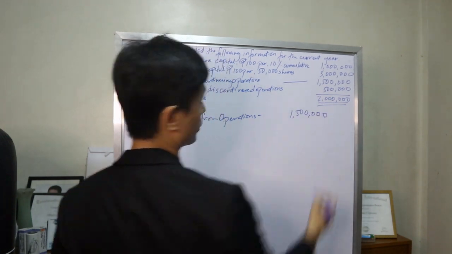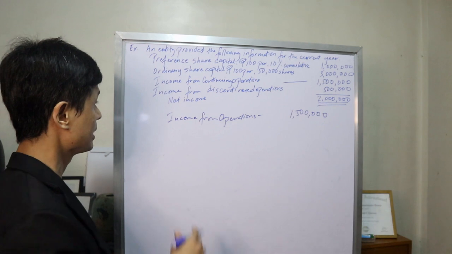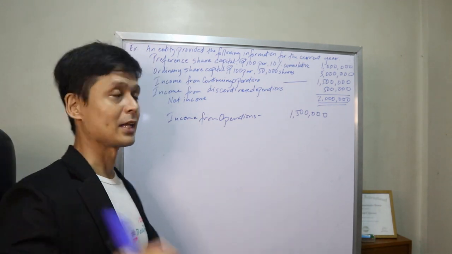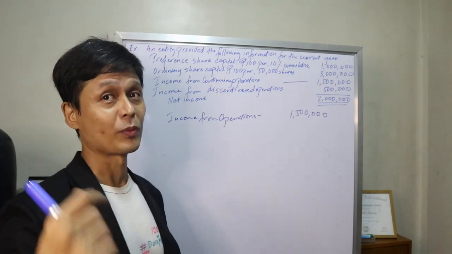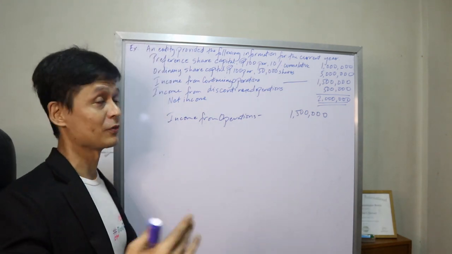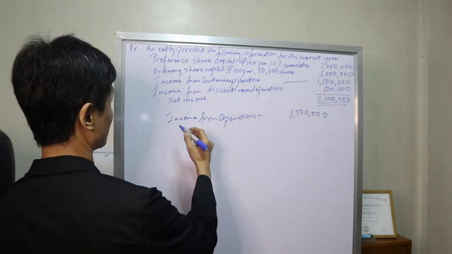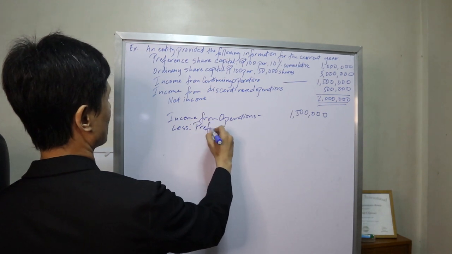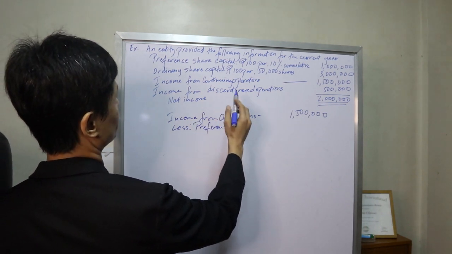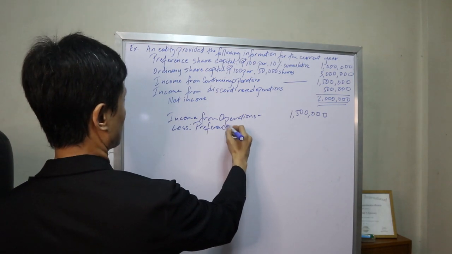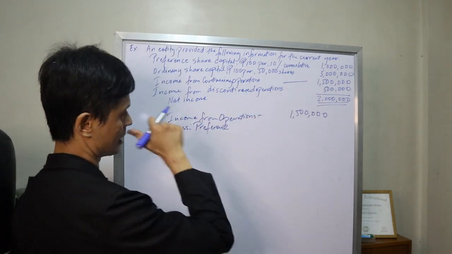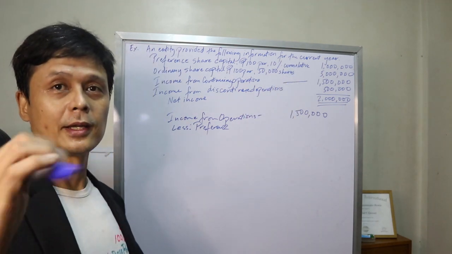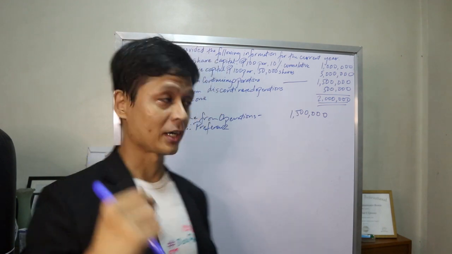Now, yung ililess natin dito, alala nyo sinabi natin kanina, na ililess natin yung preferred dividends or preference dividends. Yan na naman ako sa preferred, no? So preferred share capital. So ililess natin dito yung preference dividend, no? Now, if it's cumulative, ang ililess lang natin dito is the current, yung current lang na dividend.